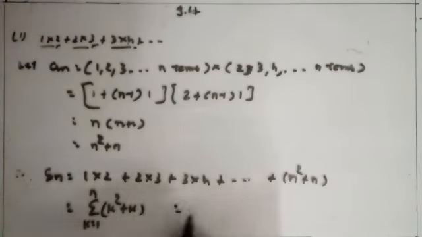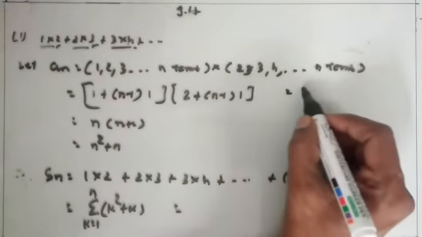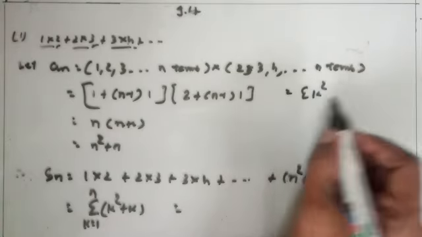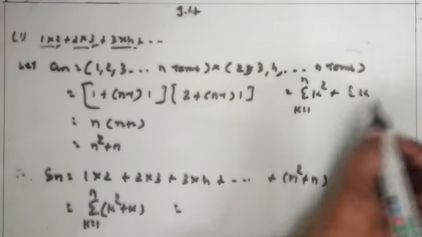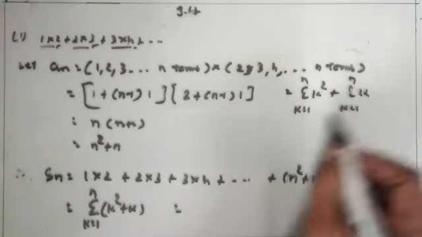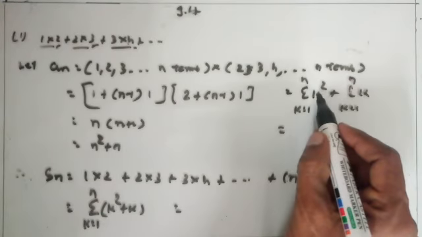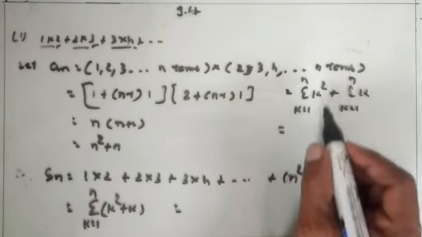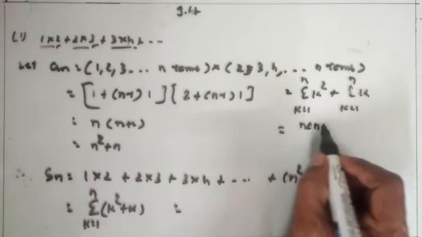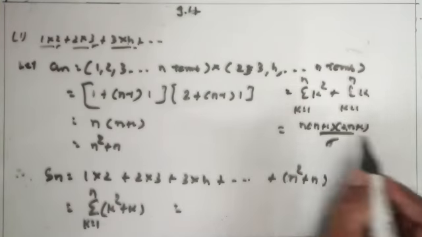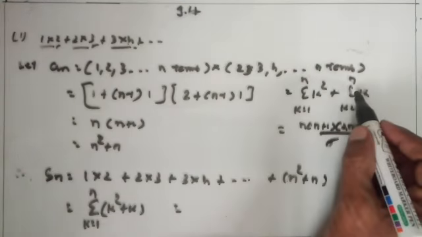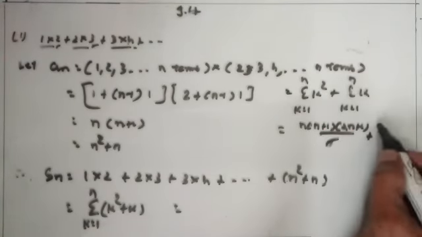Clear? So now apply sigma to both. So it is equal to sigma k square, k equal to 1 to n, plus sigma k, k equal to 1 to n. And we know that sigma k square, k equal to 1 to n, is equal to n(n+1)(2n+1)/6, plus sigma k, k equal to 1 to n, is equal to n(n+1)/2.